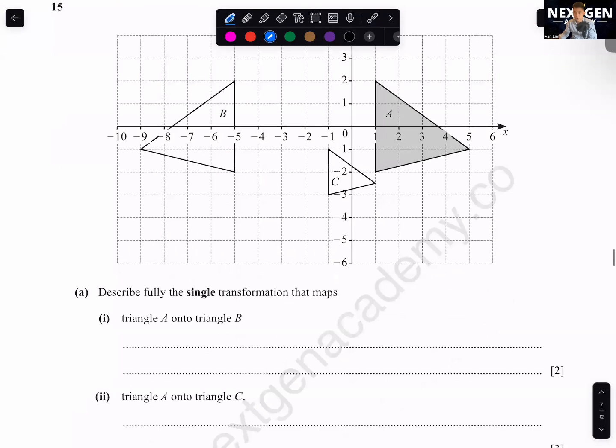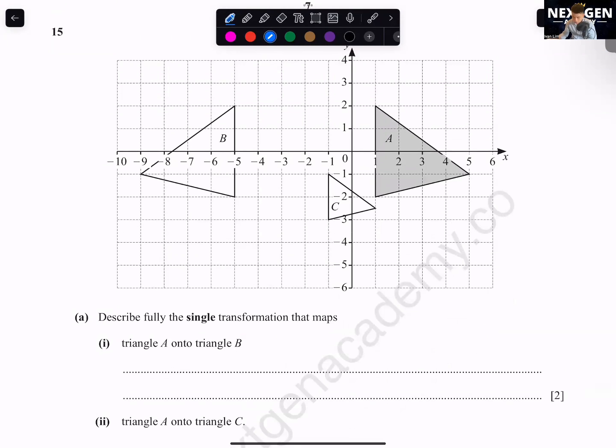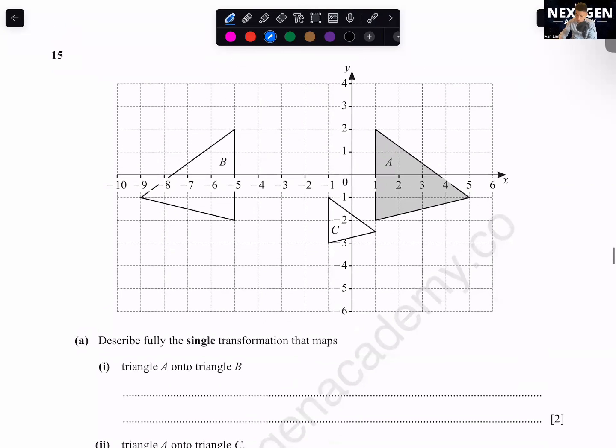Question 15 is on transformation. Describe fully the single transformation that maps triangle A onto B. Object, image. We need to know what the transformations are first. The first thing I will teach you all is the acronym.